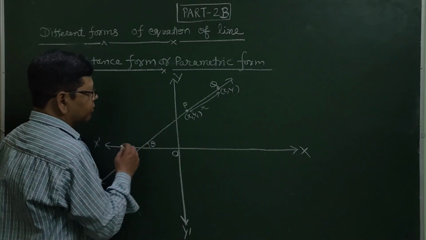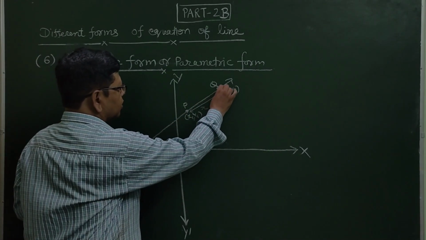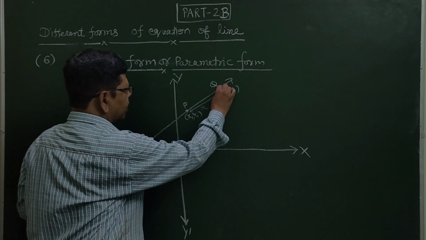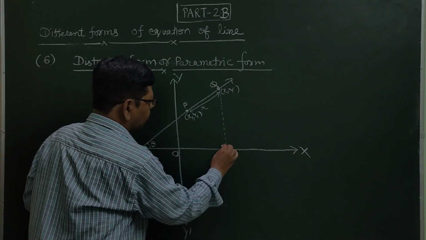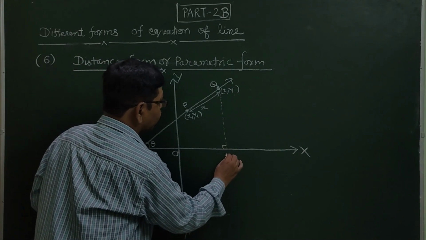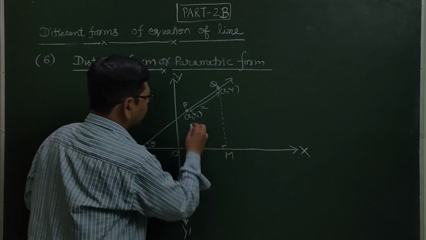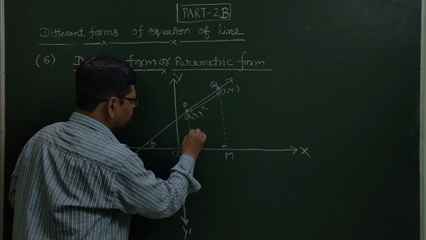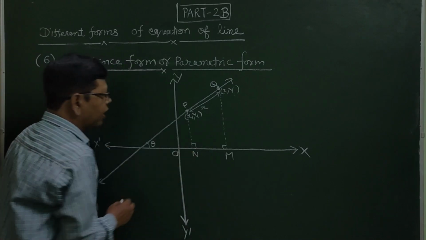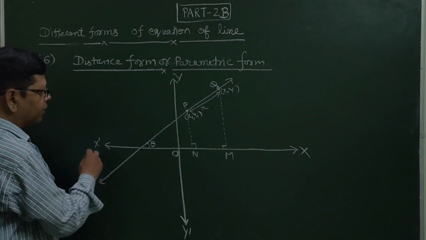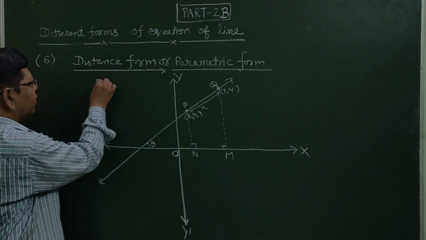For deriving the equation of line, let us draw a perpendicular from the point Q on x-axis, QM, and another perpendicular from P, which is PN. QM and PN are perpendicular to OX.